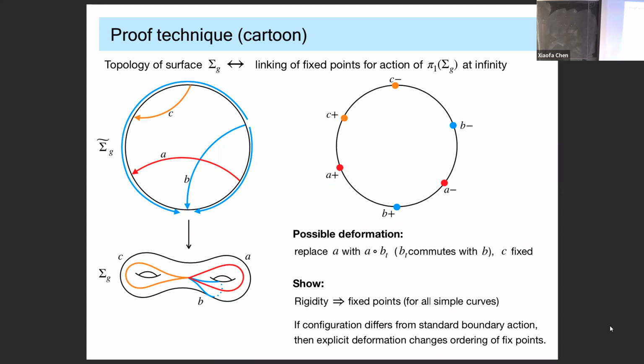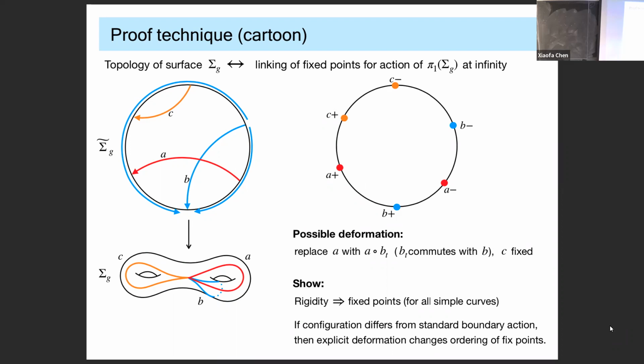First, if you have an abstract action, you don't know it comes from the boundary, but you know it's rigid, you want to show it comes from this sort of standard action. You do some calculation and analysis to argue that rigidity implies, at least for elements represented by non-self-intersecting curves, that they have some fixed points. You could draw cartoons like this.